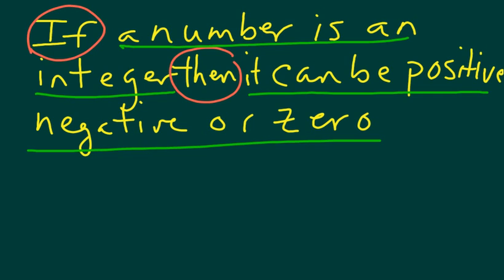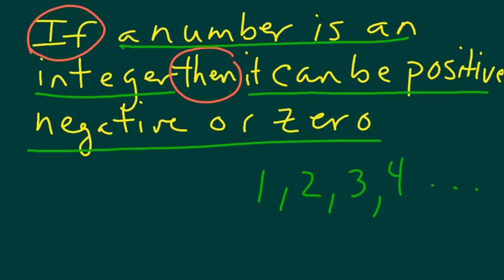If it's false, you have to be able to prove it's false by a counterexample, an example that would show that this doesn't work. But this says, if a number is an integer, then it could be positive, negative, or 0. Well, there are positive integers like 1, 2, 3, 4, and so on.